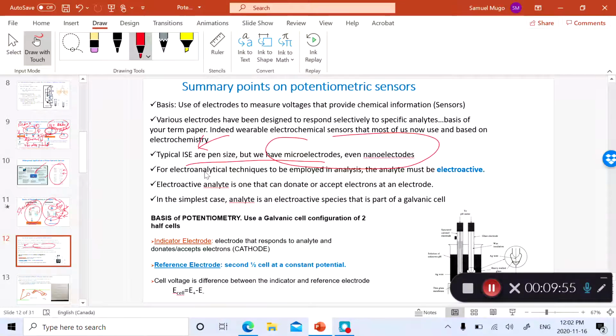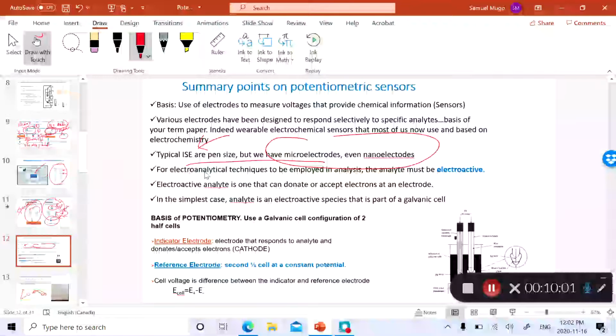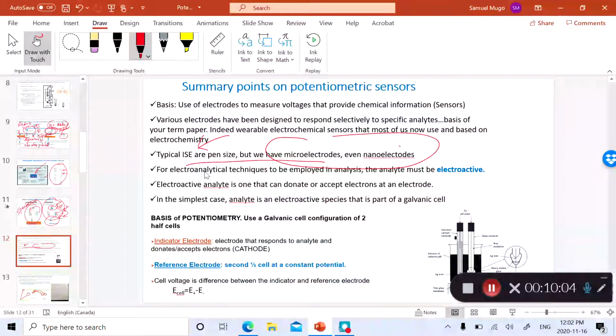And that means you're able to do analysis in situ. So if I wanted to analyze, say, dopamine in a rat's brain, I am able to make a very small electrode, a nano electrode, and just poke it into the rat's head and actually do in situ analysis, which is very, very important.